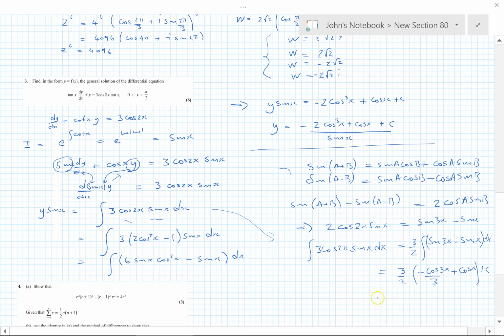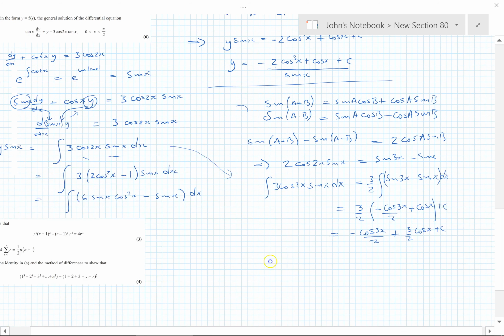plus c. Tidying that up a bit, we'd get minus cos 3x over 2 plus 3 over 2 cos x plus c.